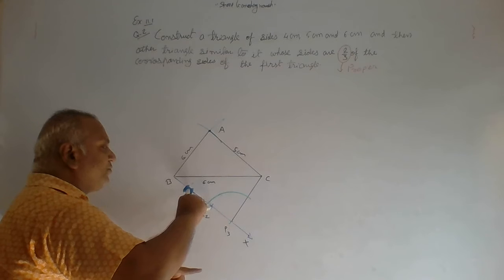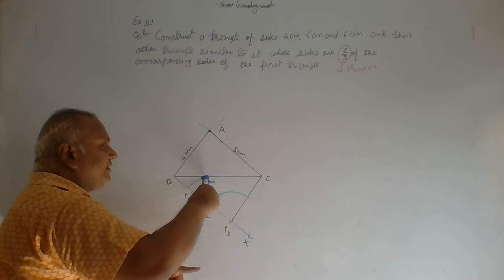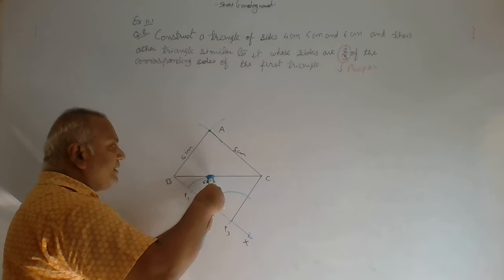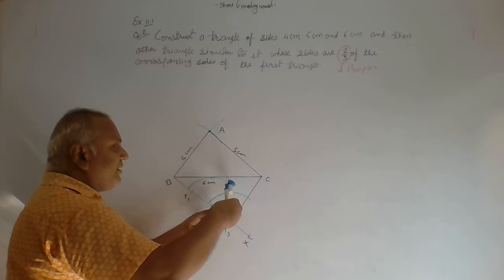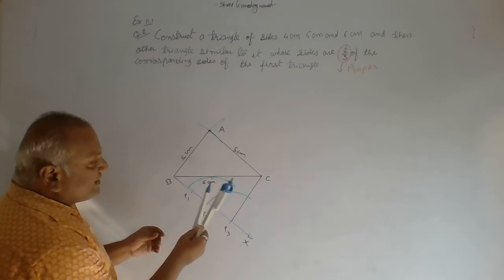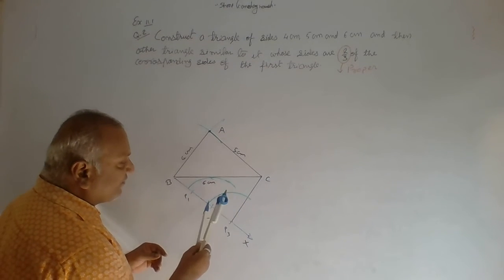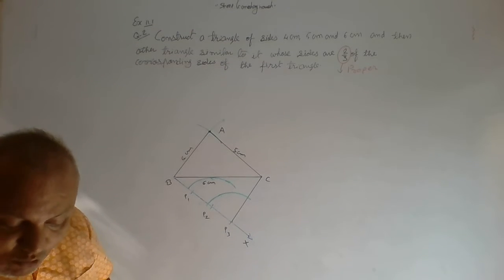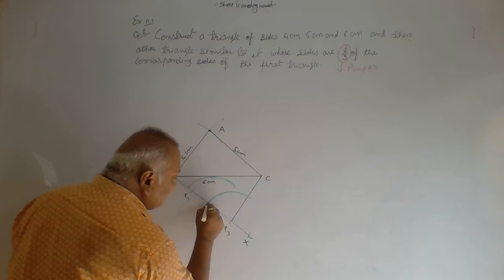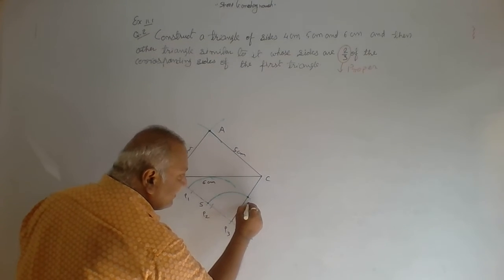See here, P2, I am constructing another arc from P2. This is from P2 and this is from P3. Where both the arcs meet, here I will write S and T.